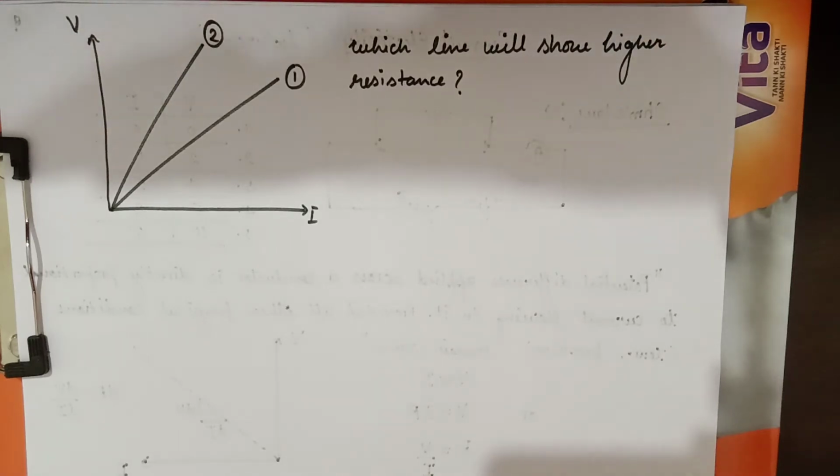So there is one question, which line will show higher resistance? Means there are two lines, 1 and 2, between V and I, and the question is which line will show higher resistance. So resistance is calculated by dV upon dI.